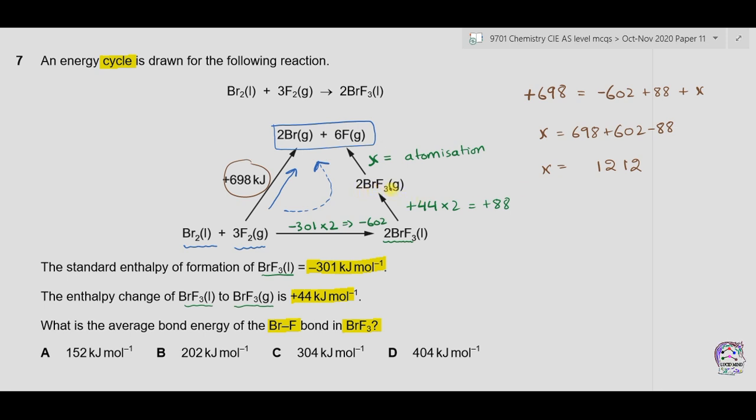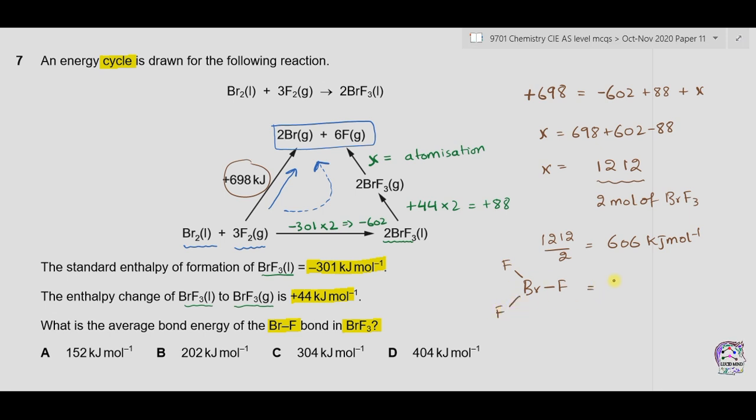As we have 2 moles of BrF3 converted into its respective atoms, X is the energy for 2 moles of BrF3. So for 1 mole the energy will be equal to 606 kilojoules per mole. Now we can see that in 1 mole of BrF3 we have 3 BrF bonds.